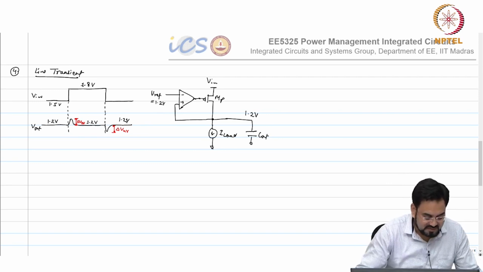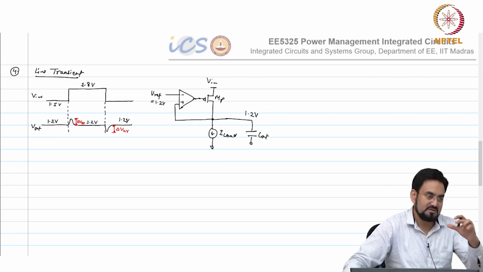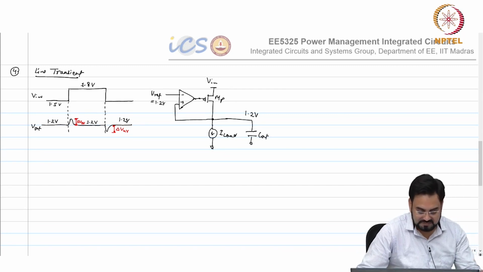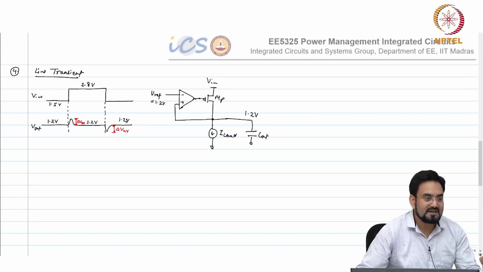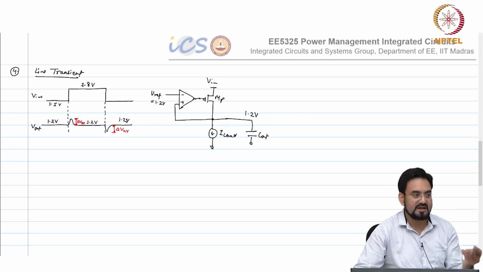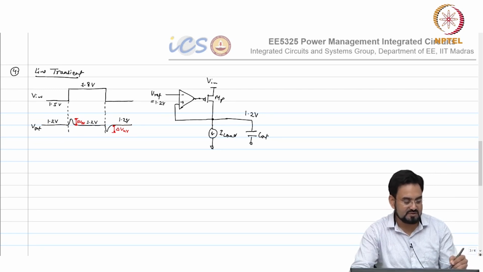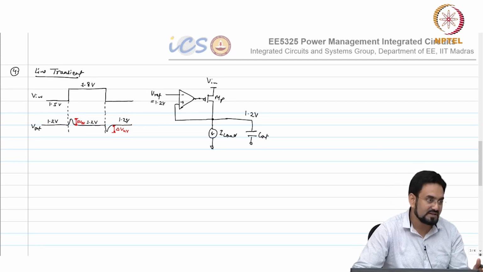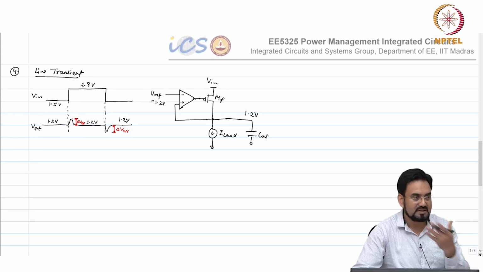So, most of the systems have specification for your regulated output voltage. Most systems can afford plus minus 10% variation, but then that 10% includes everything: your error, your line transient, load transient. So, this spec for transient is usually defined within 5% or less, so that you keep the rest 5% margin for other errors.